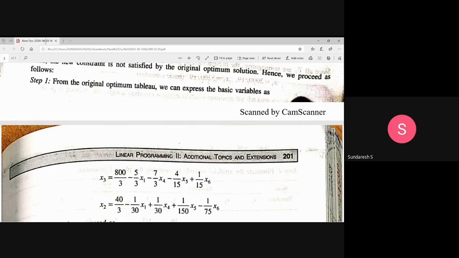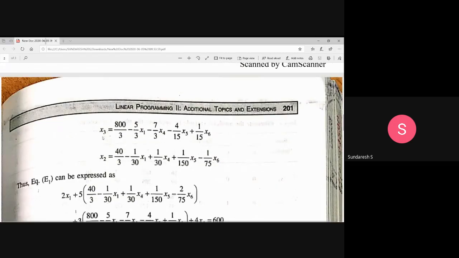From that, we are expressing the basic variables: x3 as 800 by 3 minus 5 by 3 x1 minus 7 by 3 x4 minus 4 by 15 x5 plus 1 by 15 x6. In a similar way, we are expressing x2 also, x2 as 40 by 3 minus 1 by 30 x1 plus 1 by 30 x4 plus 1 by 50 x5 minus 1 by 15 x6. So this is how we have expressed the basic variables from the last optimum table.